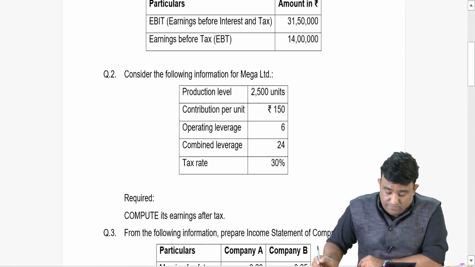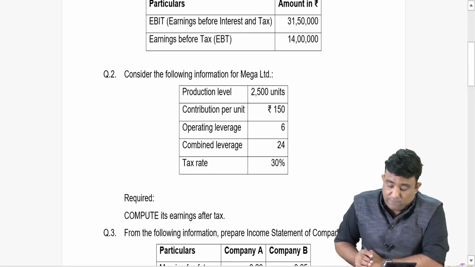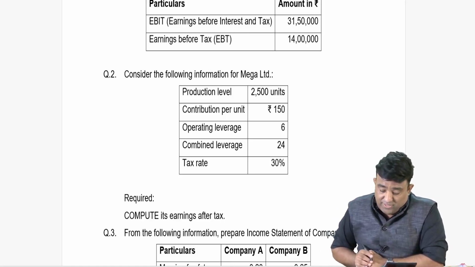Again, very simple. Consider the following information of Mega Limited. Production level 25,000, contribution 150 rupees, operating is 6, combined is 24. I am sure your mind has started working. You are able to calculate financial leverage, but no need. Check out further.